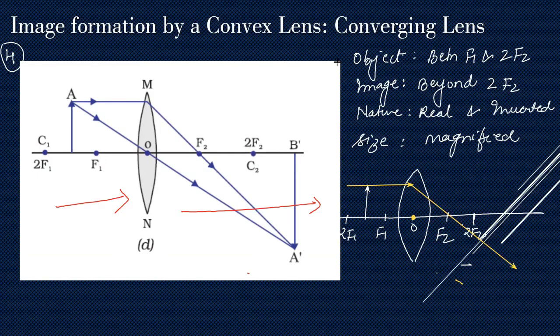Take another ray from here, passing through principal focus. I need to extend the yellow ray. Extended yellow ray, green ray, they are meeting over here. So this is the point where my image will be formed.